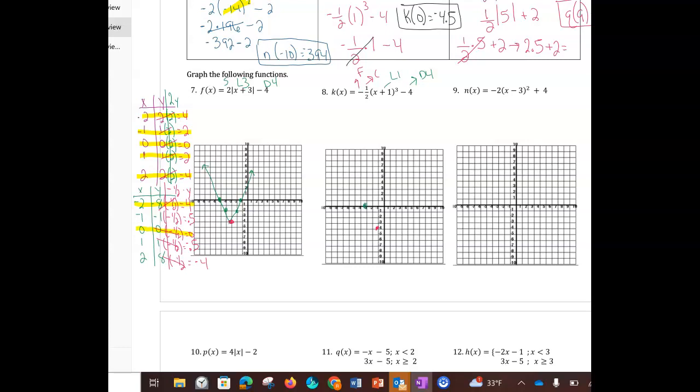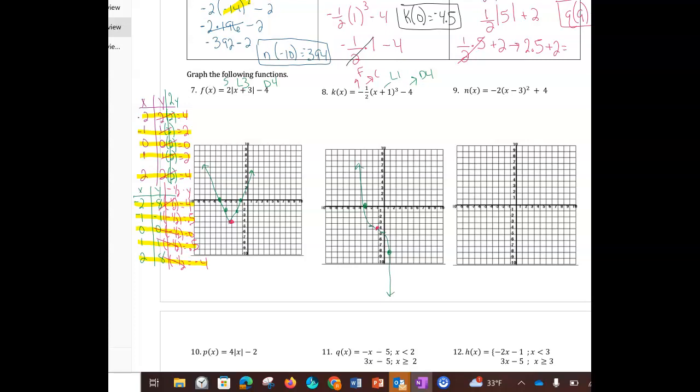And then I'm going to go left 1, up about a half. Maybe right there. I meant to do that in a different color. And then I'll go right 1, down half. And then finally, I will go right 2, down 4. So right 2, and down 1, 2, 3, 4. And then the shape is that kind of curvy line.